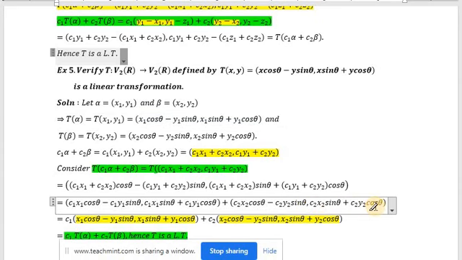Now remove C1 and C2 as common factors among these two.